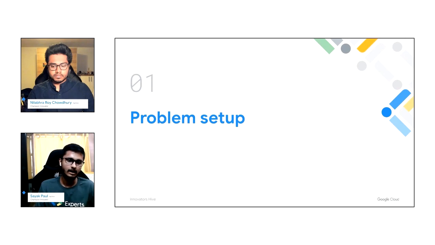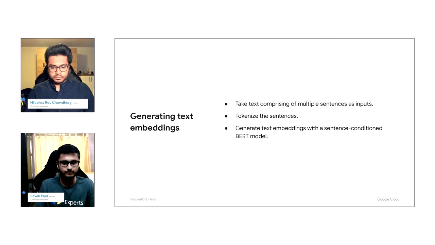All right. Let's go over the problem setup quickly, where we will discuss the kind of inputs that our pipeline expects and the kind of outputs it's gonna provide. So the inputs to the pipeline are raw text pieces comprising of multiple sentences.